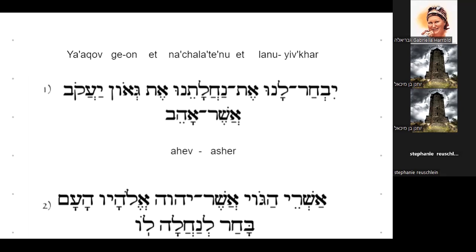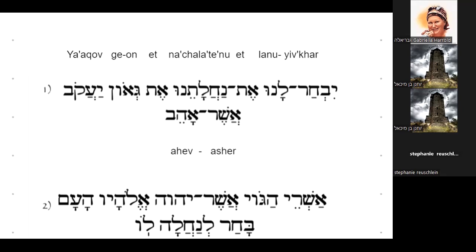It means an inheritance. So nachalatenu is what? Our inheritance. So he will choose for us our inheritance. So we know he said that he would feed us with the heritage of Jacob, correct? But here's something very interesting.